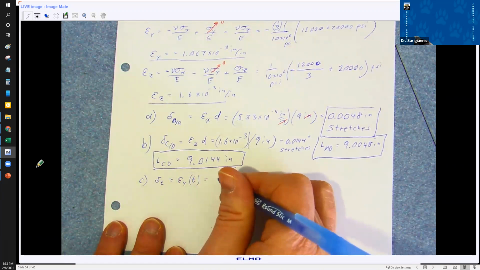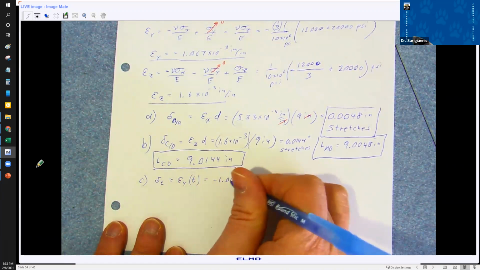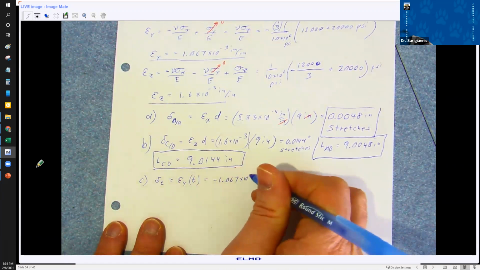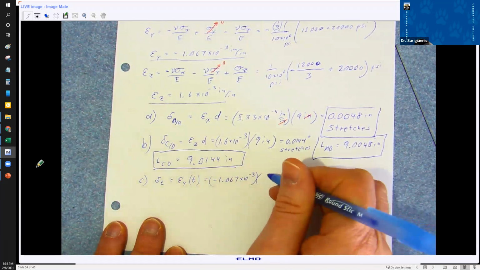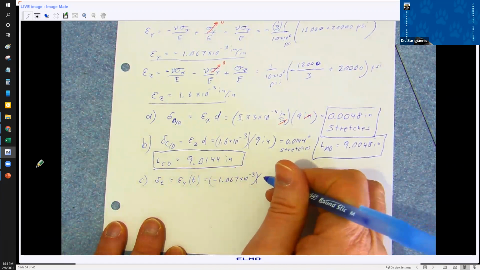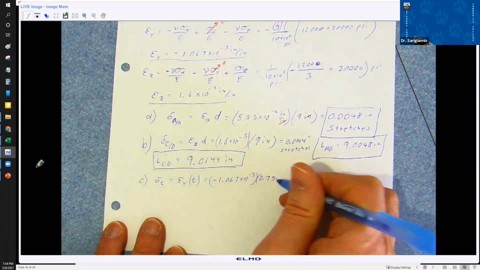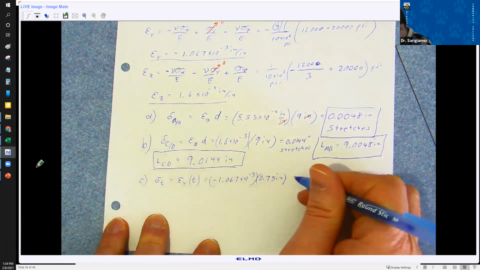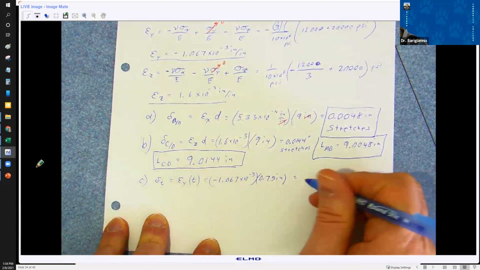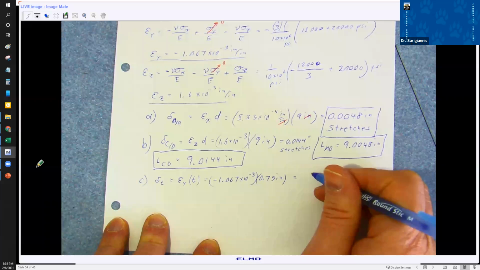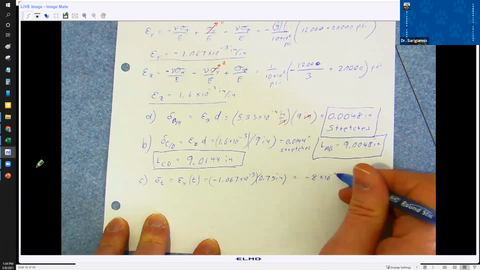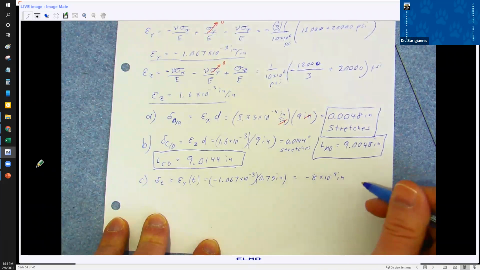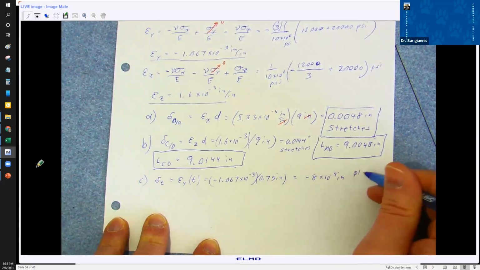So our strain is negative 1.067 times 10 to the minus third, and our thickness was 0.75 inches. And this equals negative 8 times 10 to the minus fourth inches. So the plate gets thinner.